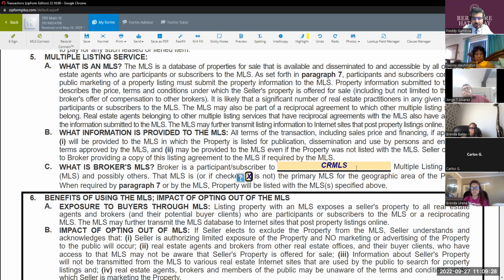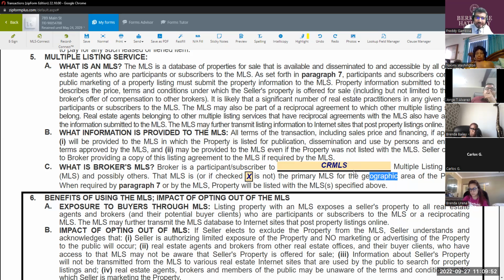So if you took a listing in San Diego, you have to let the seller know, look, I belong to the CRMLS in LA, but CRMLS is not the primary MLS for this geographic area. The primary MLS is Sandicor.